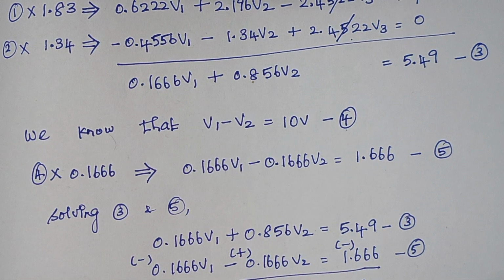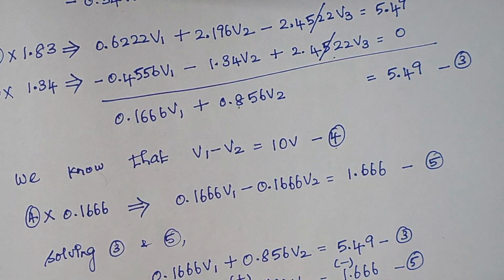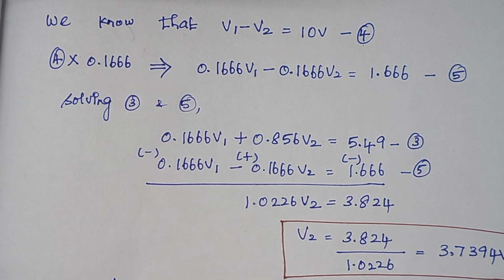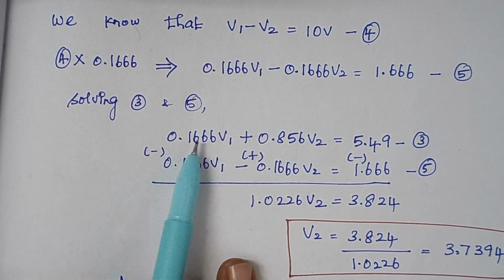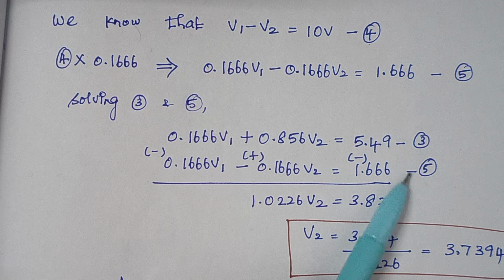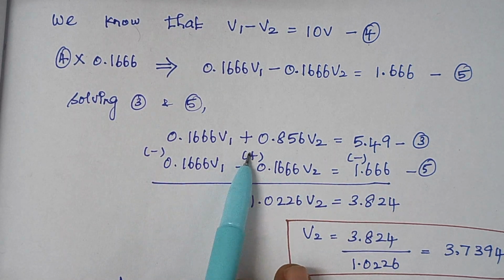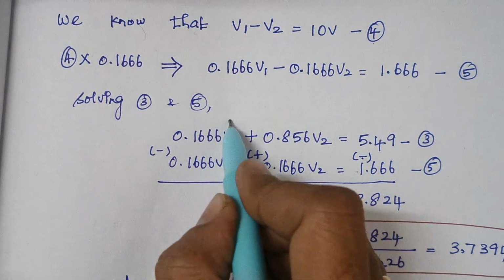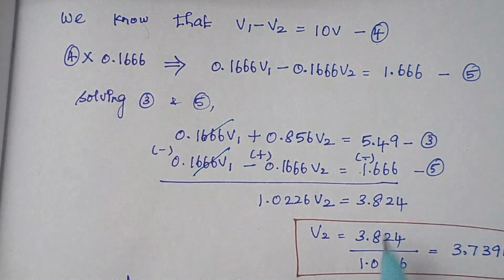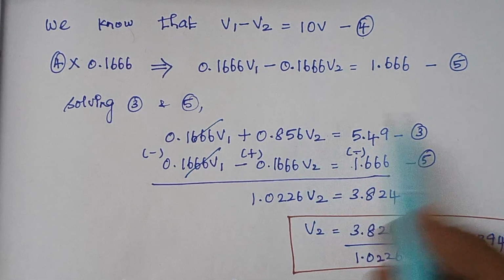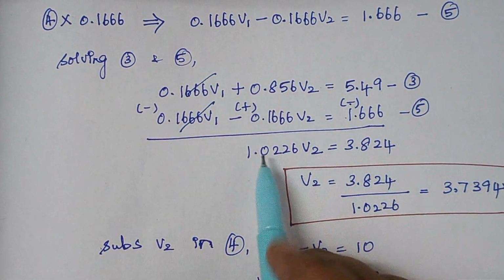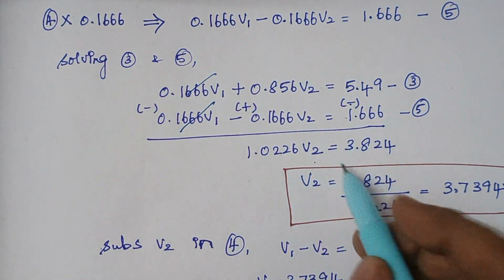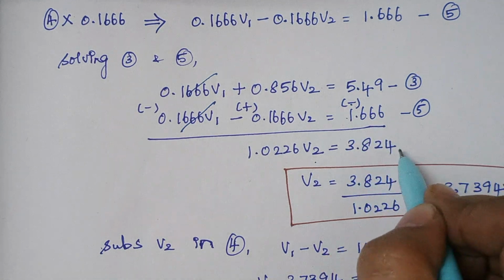So here we are doing a subtraction. So we are changing the signs of this equation. So plus becomes minus, minus becomes plus, and again here plus becomes minus. So here what happens, these two terms get cancelled, and when you simplify, here we have 1.0226 V2, which is equal to 3.824.